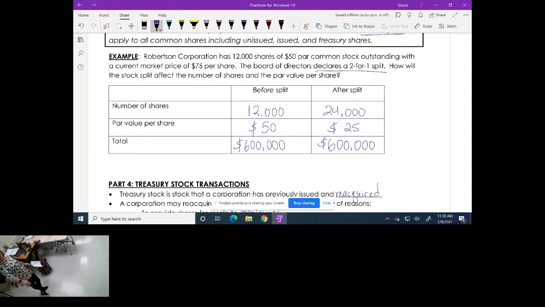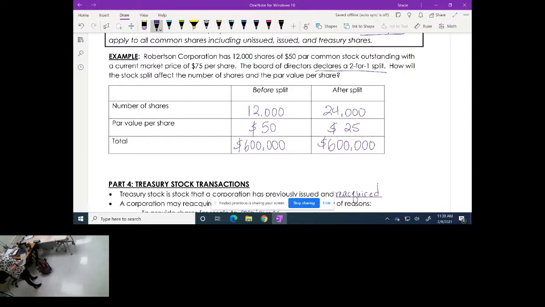So think about these, they're splitting them in half. So now we got 24,000 pieces, but we didn't change the total. If you got 2 halves of it, you still got the same number of whole apples. Does that make sense? Yeah. So 600,000 is not going to change. So if you divide that 600,000 by 24,000 shares, the par comes out lower. Okay? Make sense?